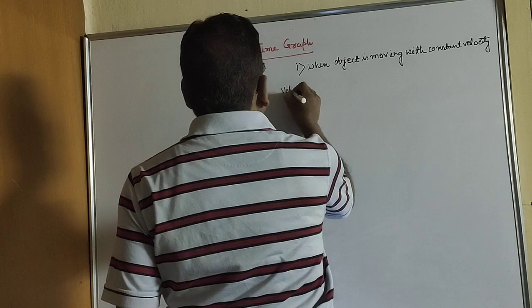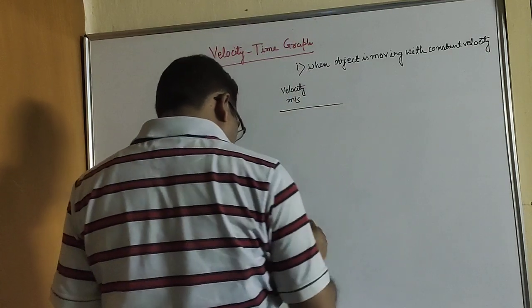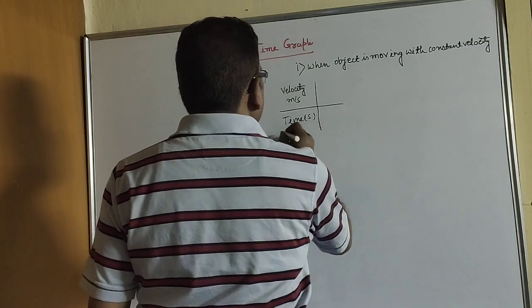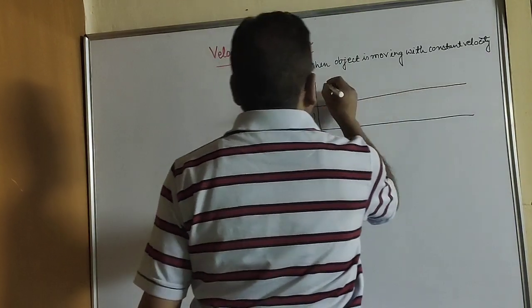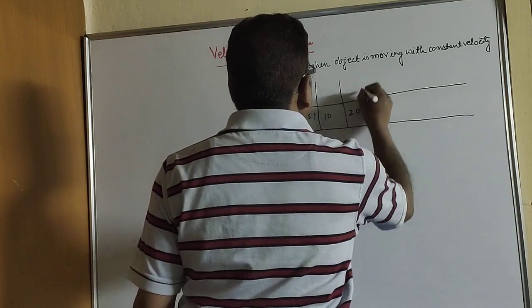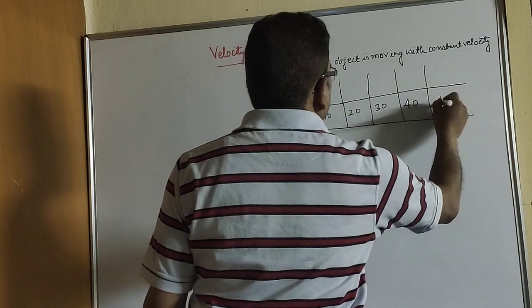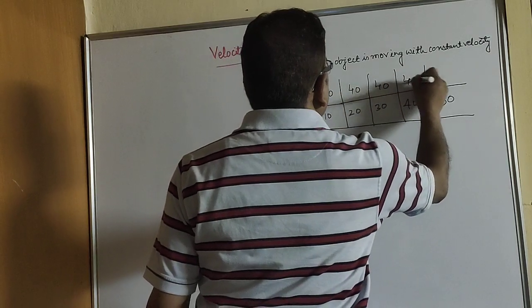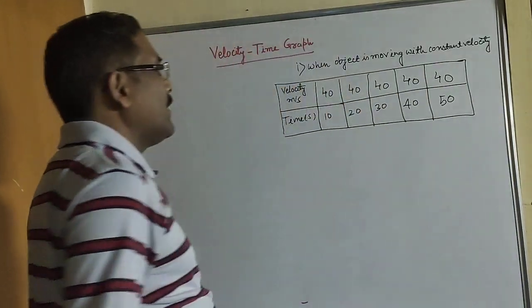Suppose the velocity is given in meter per second and we have taken time in second. Suppose this type of table is given.